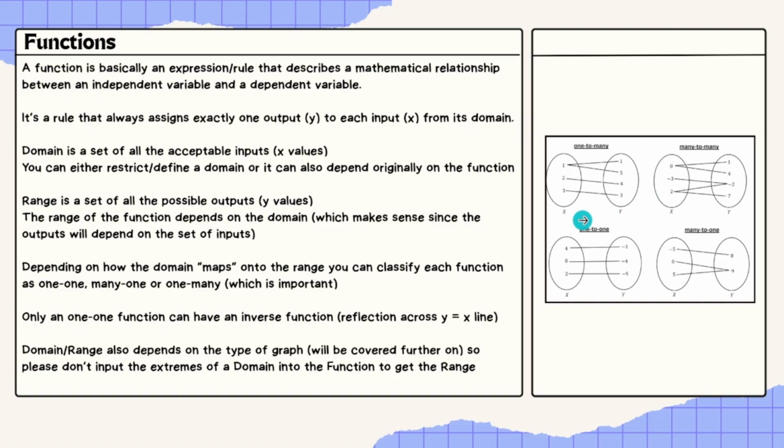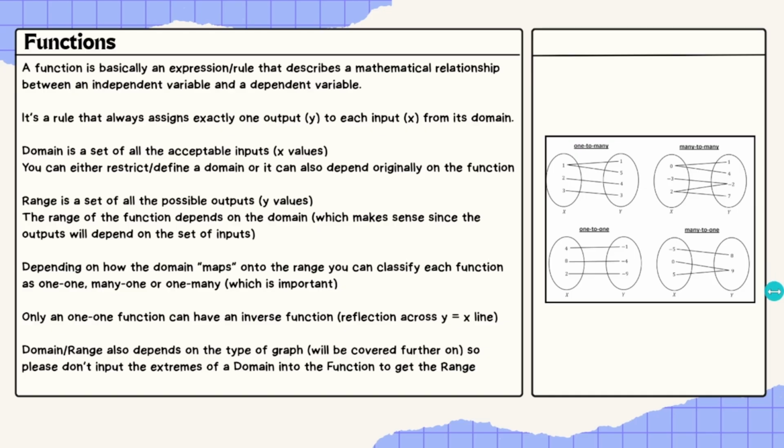Then moving on to one-to-one. This is the simplest mapping, which is for one value of x, there's always going to be one unique value of y. The best example for this is a linear function, where 4 would map to -1 and so on.